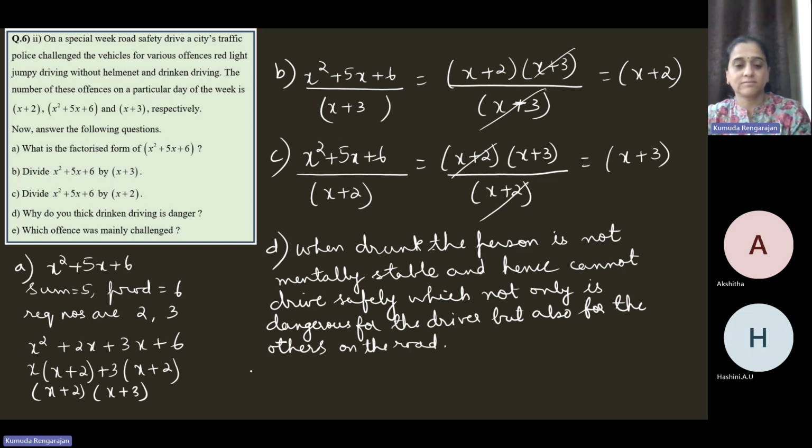Option A, option B. Which offense was mainly challenged? A. C. Why do you think A?